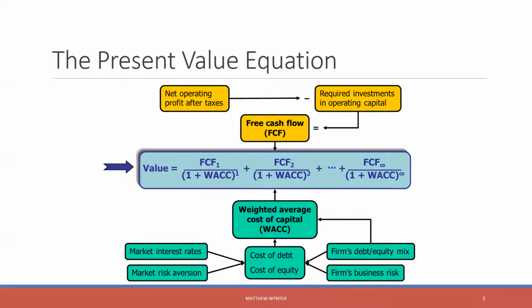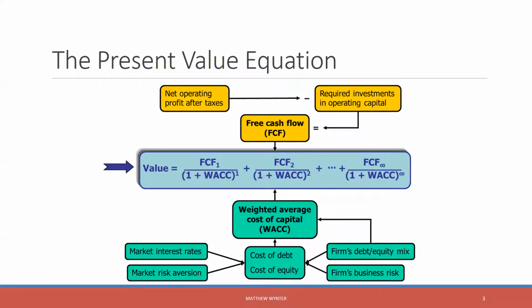So what am I telling you with this equation? First, the time subscripts for the free cash flow, the 1, 2, and all the way to infinity, those are telling you the periods in which these free cash flows occur. You'll notice that in the denominator, where we have our weighted average cost of capital, 1 plus our discount rate, we're raising that to the power of whatever that time period is.